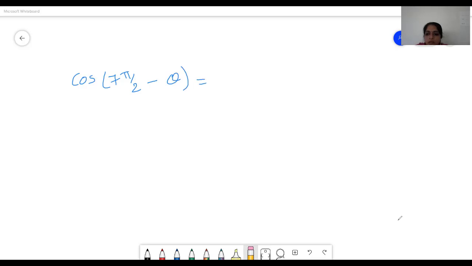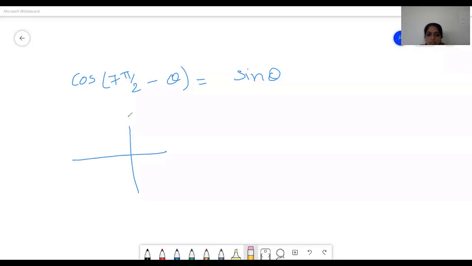Minus plus sin theta. See, this is the pi by 2, right? Pi by 2 means our cos will convert in sin theta. Minus sin. Yes. Cos will convert in sine, but it is positive or negative, it depends on the sign of the left hand side.